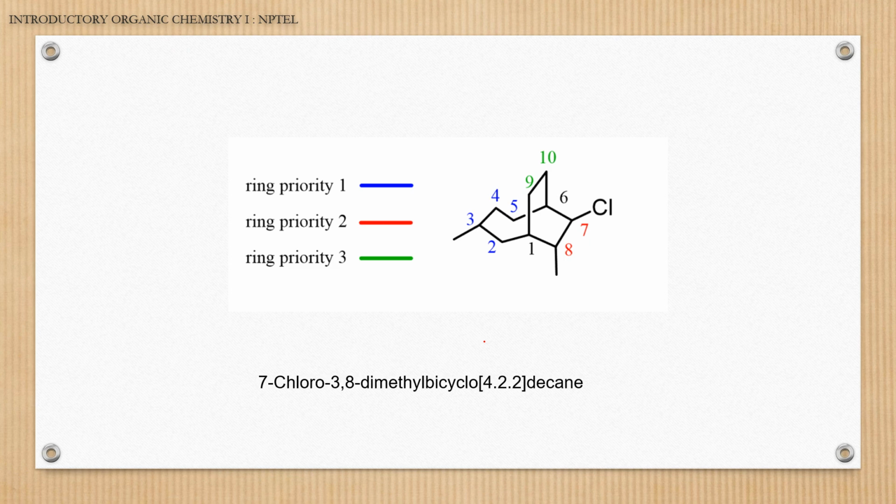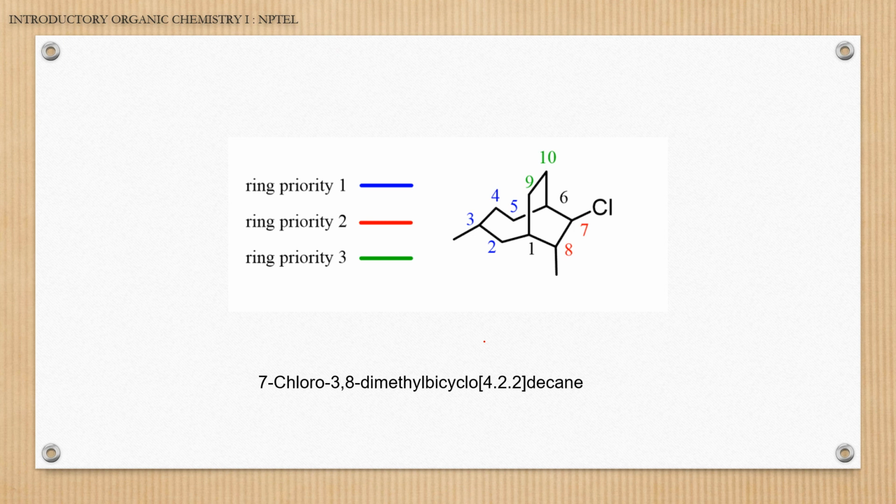Is it understood by everyone? See, first you have to see which ring has the highest number of carbon atoms. Then you need to see that when numbering that ring, you get the substituent at the lower number.